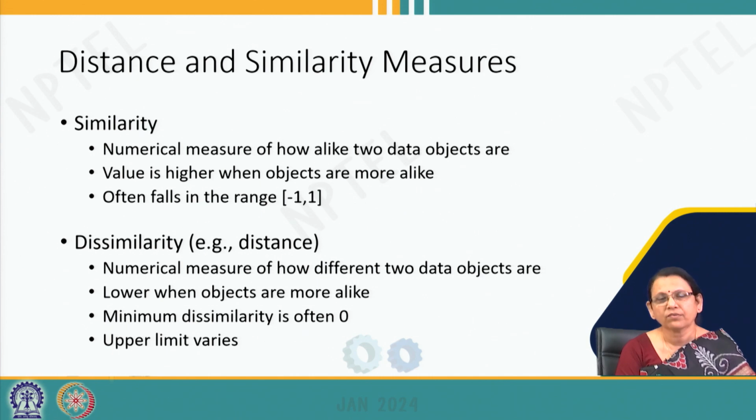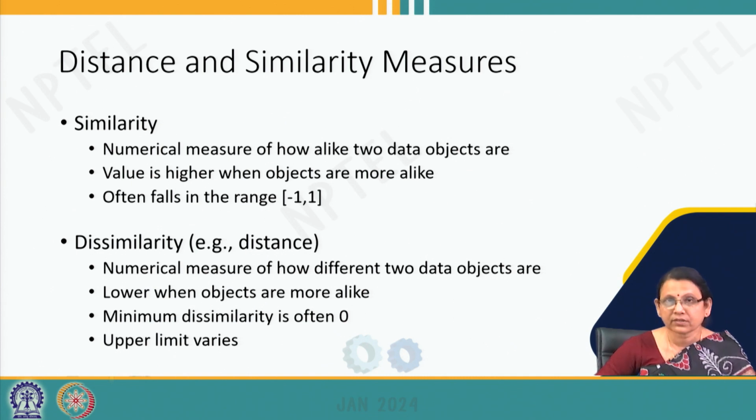Instead of similarity, we can also use distance as a criterion. For example, we can normalize the distance to 0 to 1 and take 1 minus that, which gives you the similarity value.